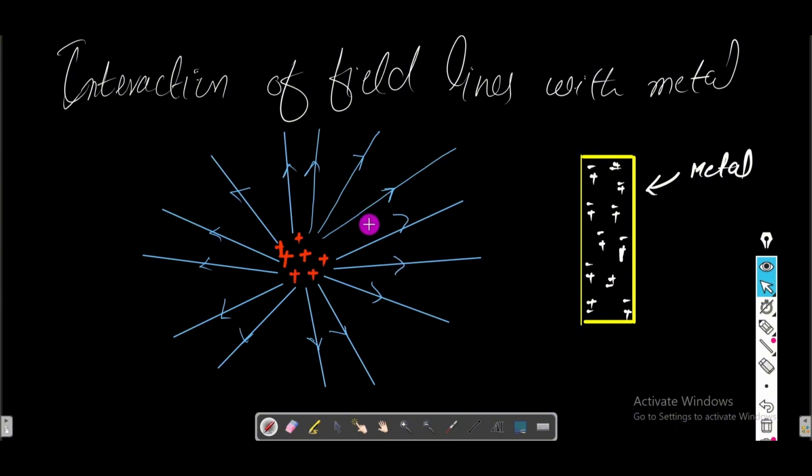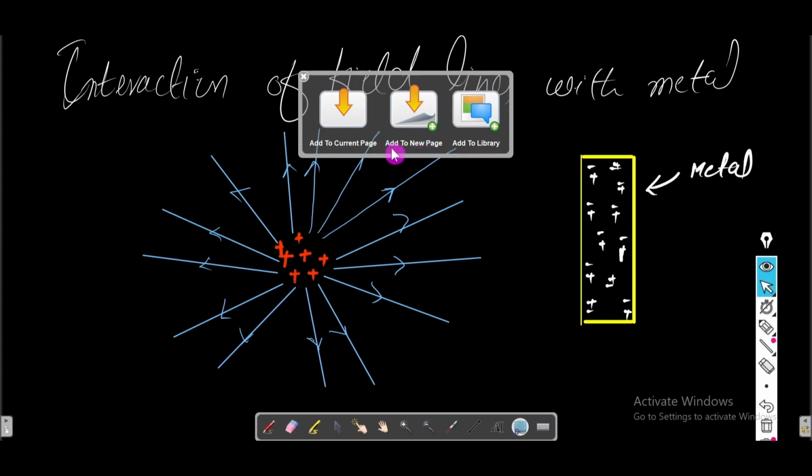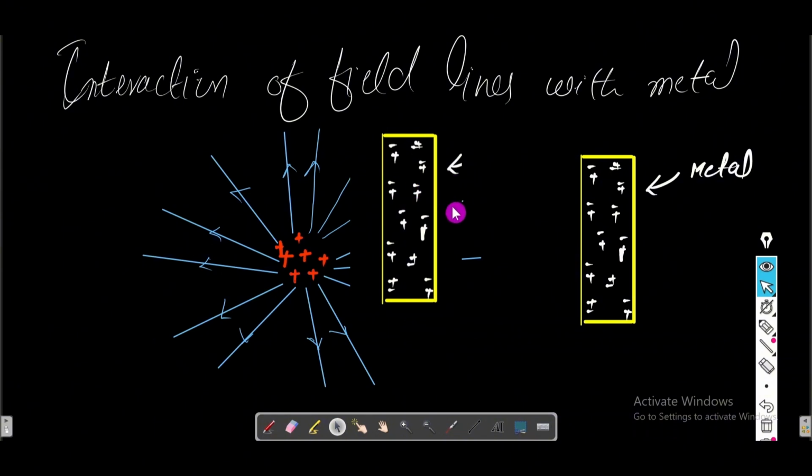So what will happen if I bring this metal near into the field around these positive charges? Let's take this. This is the metal, and bring that into the field around this charge.